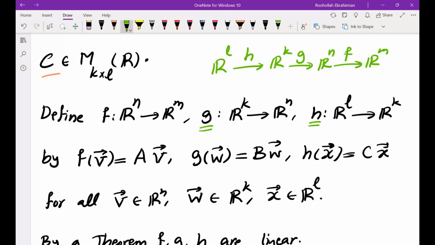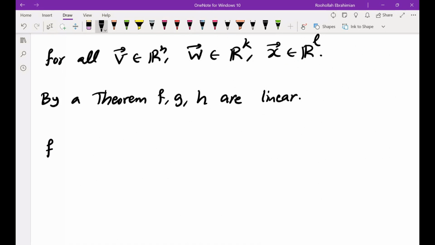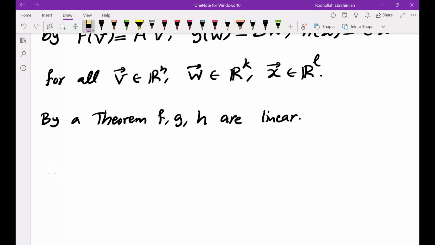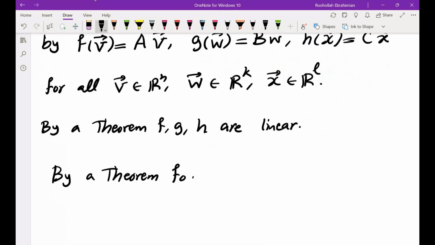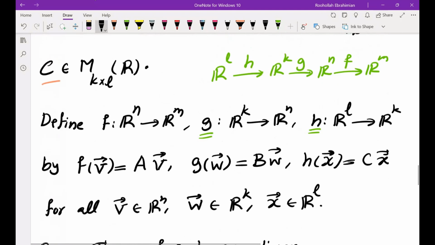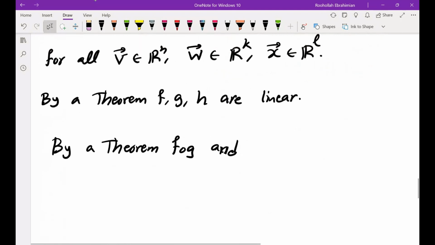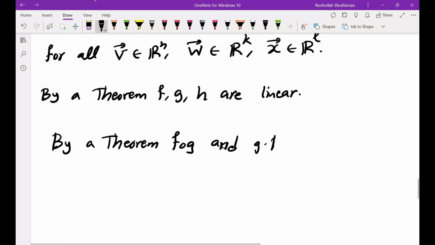I can compose f and g and h. I know that by the theorem compositions are linear. So if I compose f and g and I compose g and h, they are both linear.